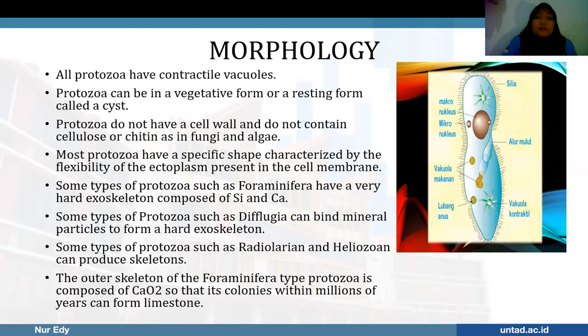And some types of protozoa, such as Radiolarian and Heliozoan, can produce skeletons, and the outer skeleton of the foraminifera is composed of CaCO3, so that when colonized within millions of years it can form limestone.